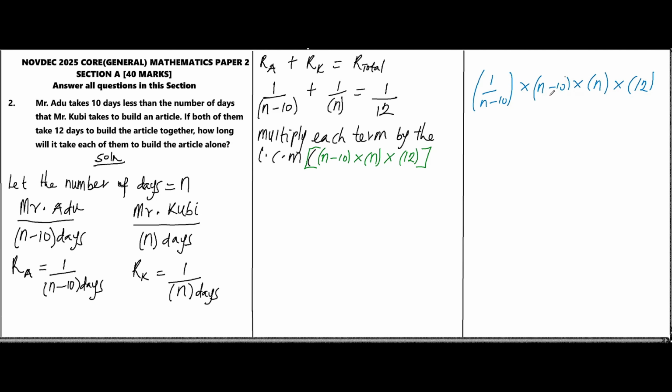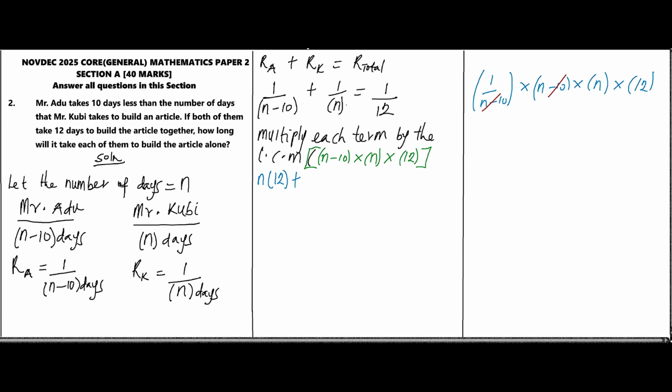You see that n minus 10 will cancel out, leaving 1 multiplied by n multiplied by 12. And we know that 1 times n is n. So we are left with n multiplied by 12. That is for the first term.